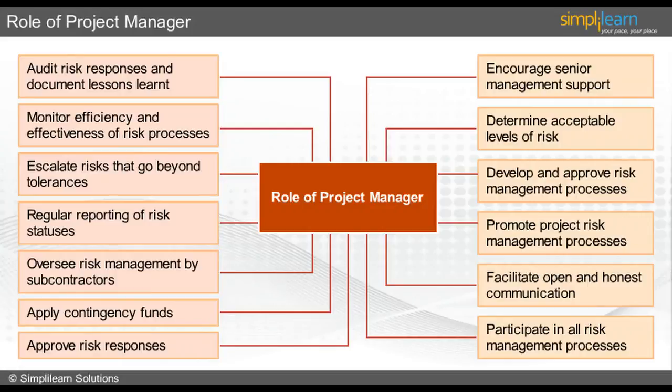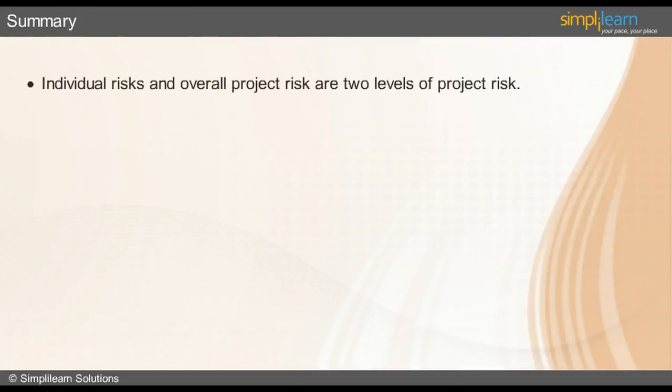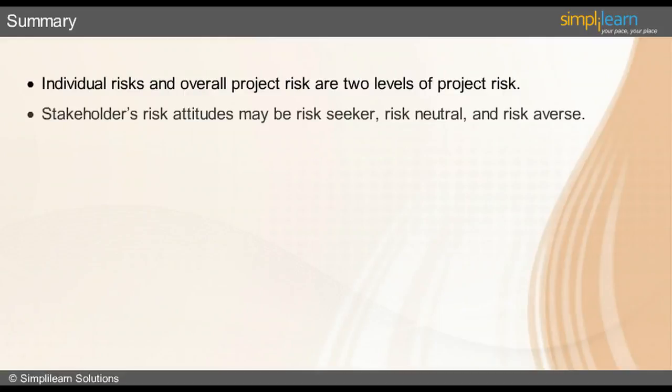In this lesson, we covered the principles and concepts of project risk management, particularly the two levels of project risks, that is, individual risk and overall project risk. We understood the different risk attitudes based on stakeholders' culture, such as risk seeker, risk neutral, and risk averse. We also learned that risk identification is an iterative process.